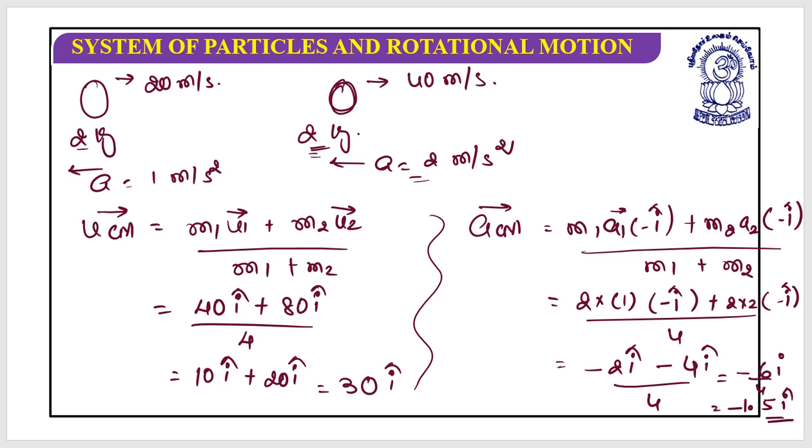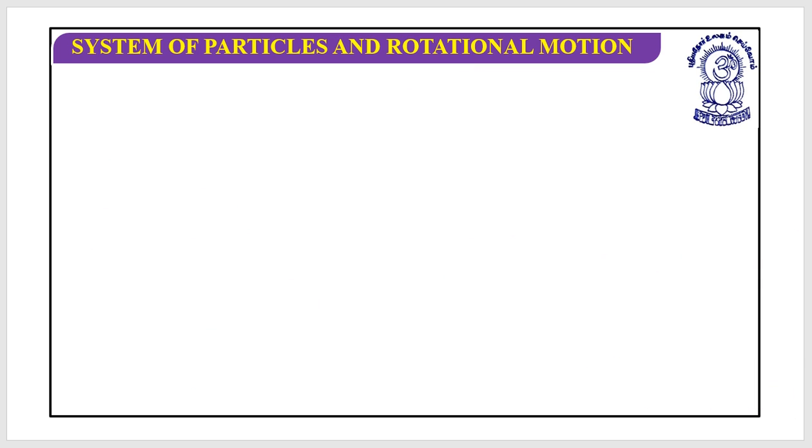Now you have ucm, that means you have u square, and you have acm, so let's do this. vcm square minus ucm square equals 2 into acm multiplied by xcm. So vcm should be 0.